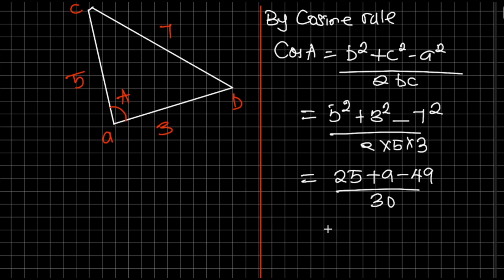Then we have minus 15 over 30, which is minus 1 over 2. Therefore, cos A equals minus 1 over 2. So A equals cos inverse of minus 1 over 2.